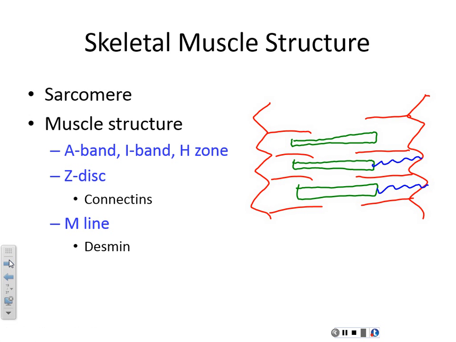And then what protein is this that I'm drawing? What protein is the blue one? The blue one is called titin. It's an elastic protein that just sort of anchors the myosin right there.